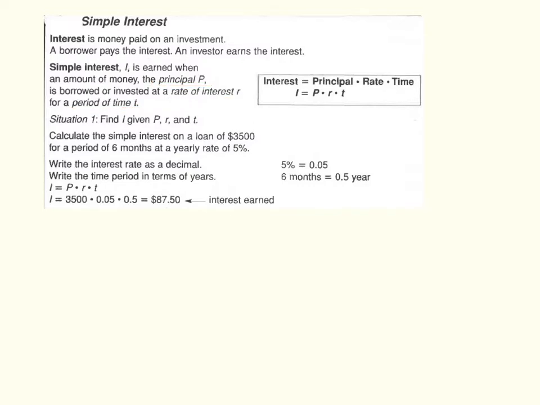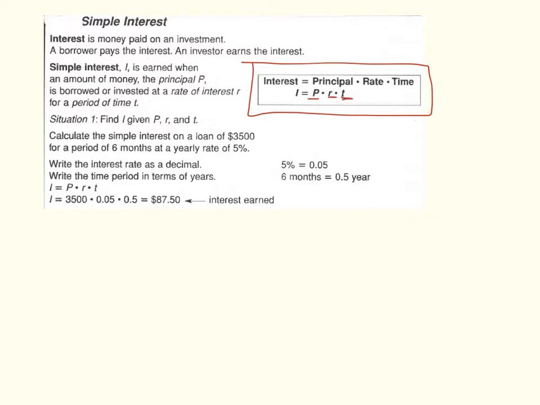In order to figure out how much interest we get after a period of time, we use this formula right here. The interest we earn is the principal that we put in the account times the rate, the percent that we're earning, times the time, how long we put it in for, which makes sense.